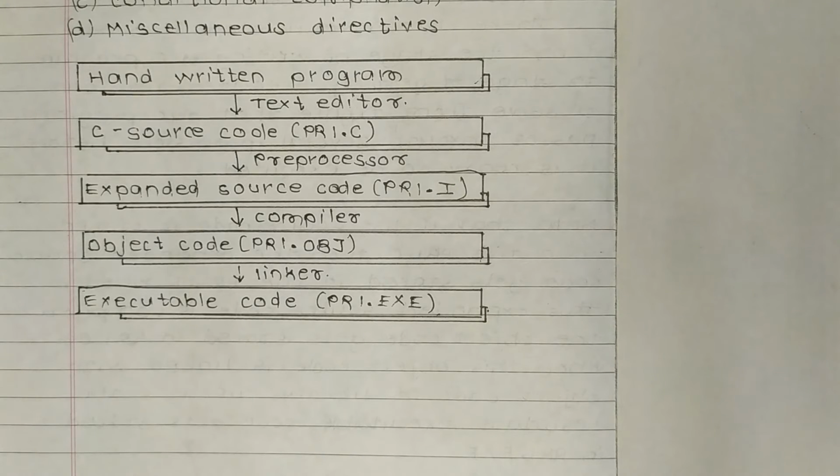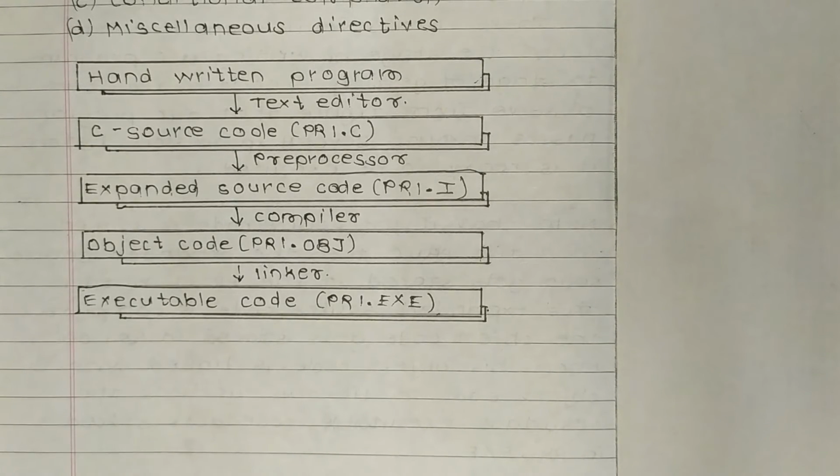Then it goes to the preprocessor. After the preprocessor we get the expanded source code, pr1.i, then it goes to the compiler and we get object code, pr1.obj, and finally it goes to the linker, and we get executable code, pr1.exe.